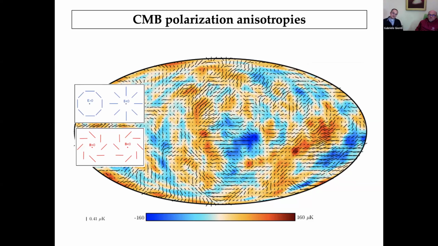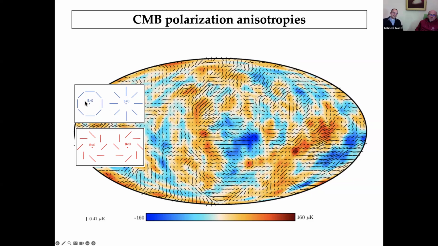And polarization is described in the CMB using E and B modes, which are not related to E and B of electromagnetism. No, it's a different thing. They are not electric and magnetic fields. But it's a way to describe this pattern. It's quite easy. You see, E modes are parity even.